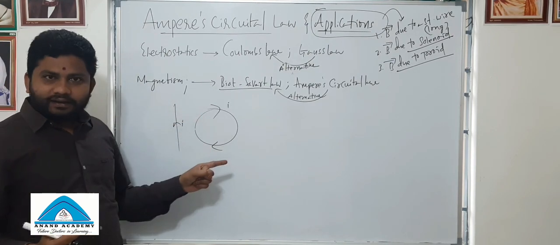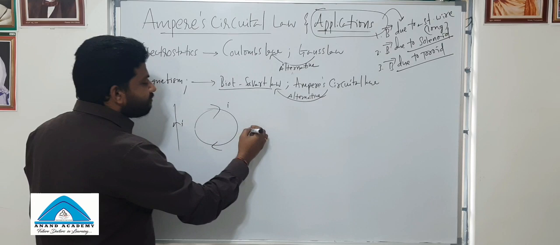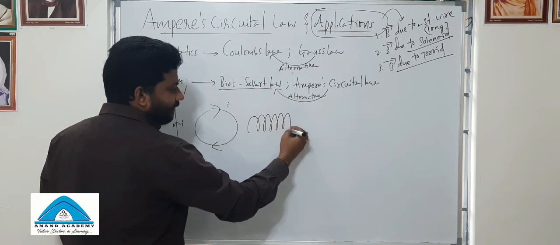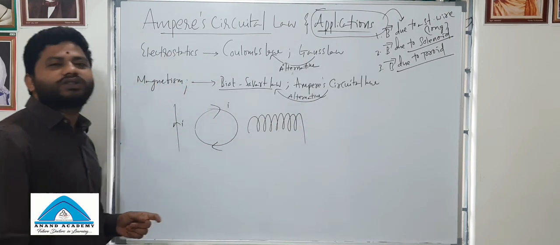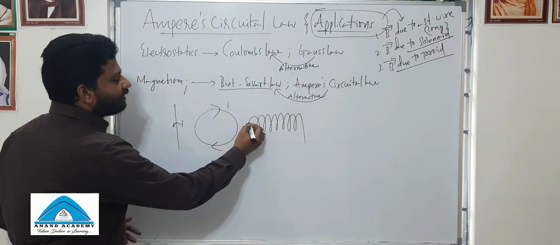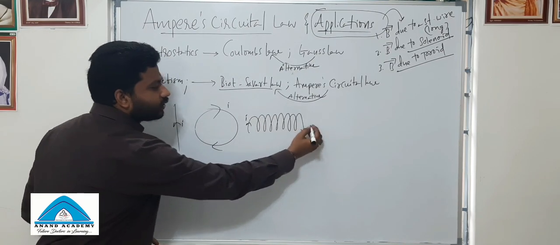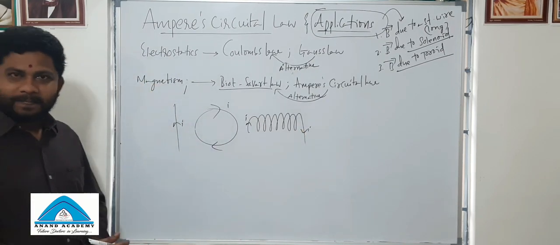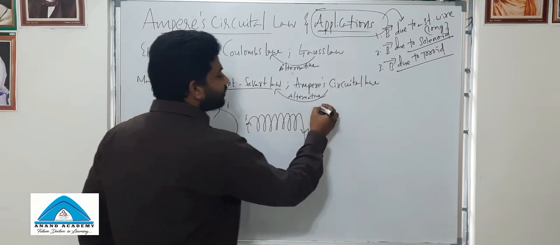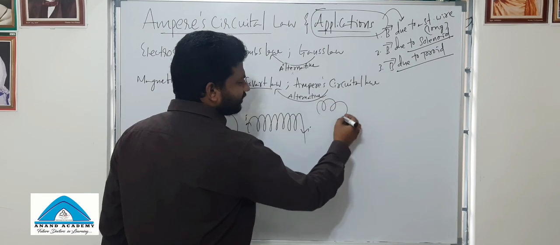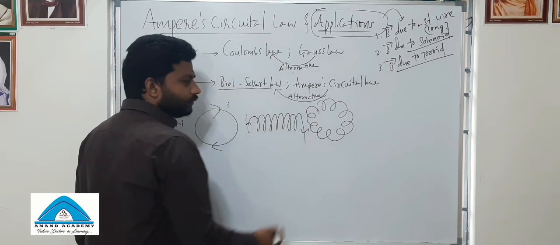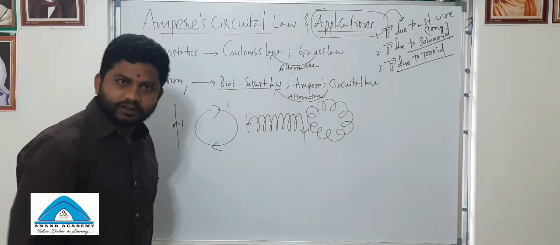the same wire, if I make it like this, of so many closed turns, this is called the solenoid when the current I is passing through it. Now, when the same wire is made like this, you can see clearly here, it is called a toroid.